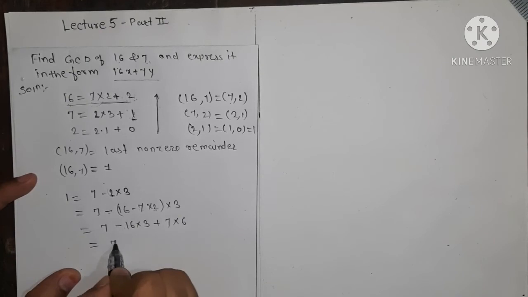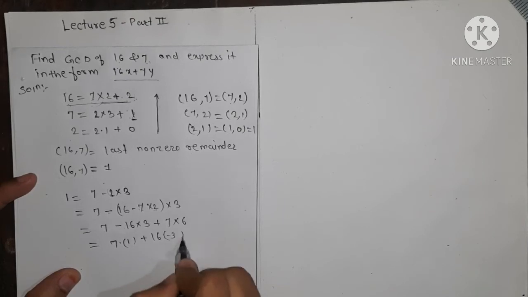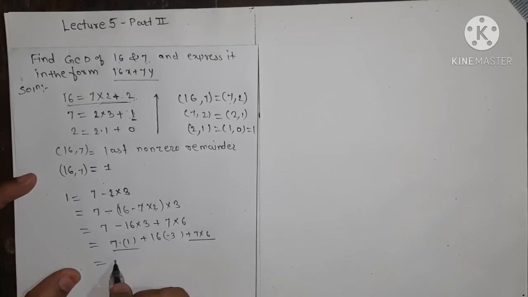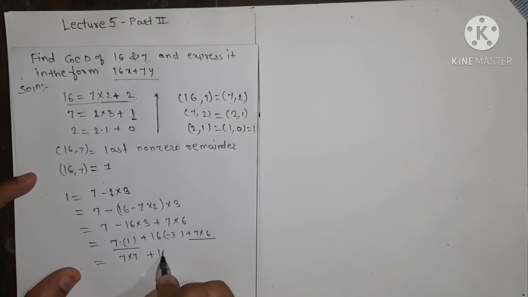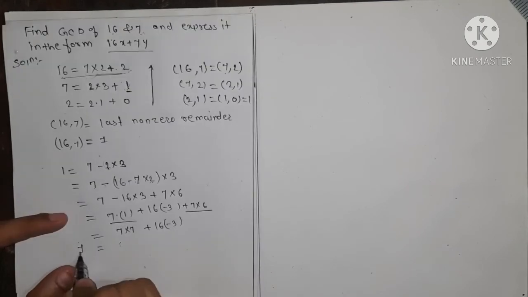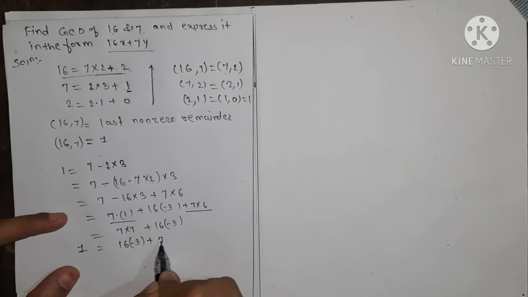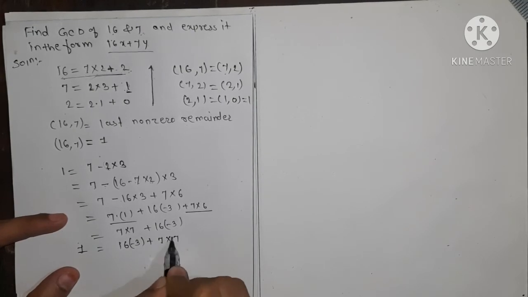So it is equal to 7 into 1, and we write this as plus 16 into minus 3 plus 7 multiplied by 6. So adding these terms, that is equal to 7 multiplied by 7 plus 16 into minus 3. So we express 1 in the form 16 into minus 3 plus 7 into 7.